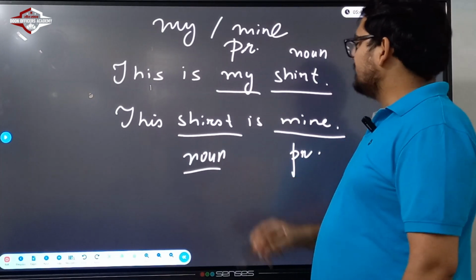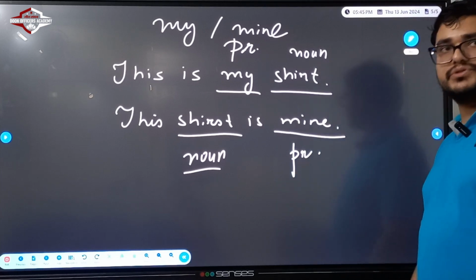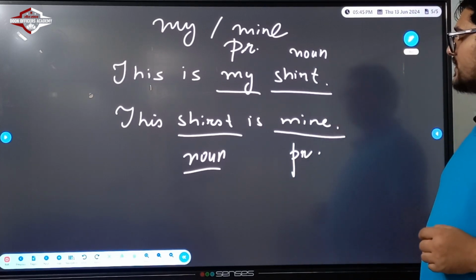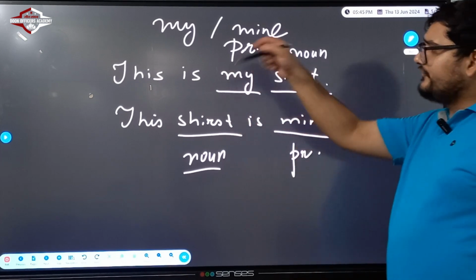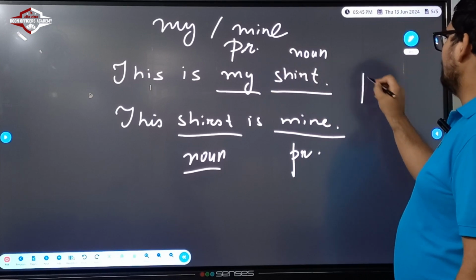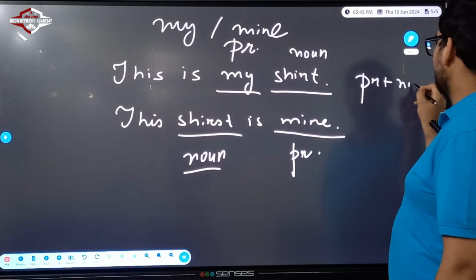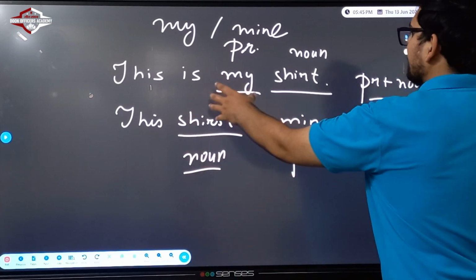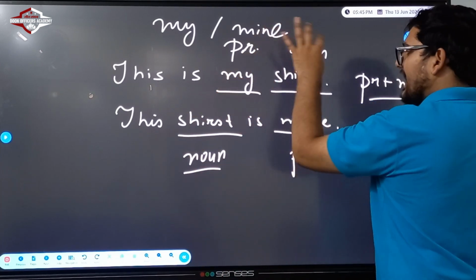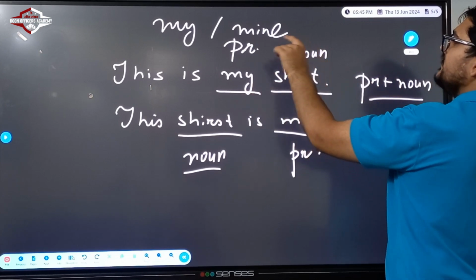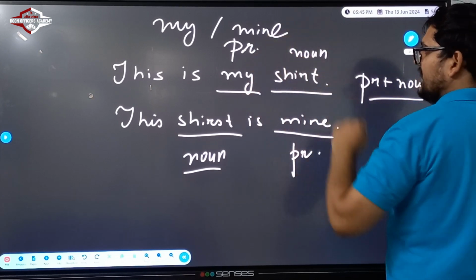So just please look at the position actually, right? How we have positioned the nouns and the pronouns here. Look at the first sentence. This is my shirt. Here you have pronoun plus noun, right? In this sentence, this pronoun has the noun after it, or you can say that the pronoun is used before the noun.